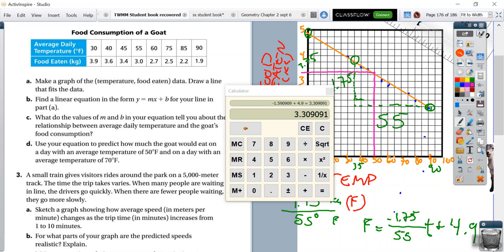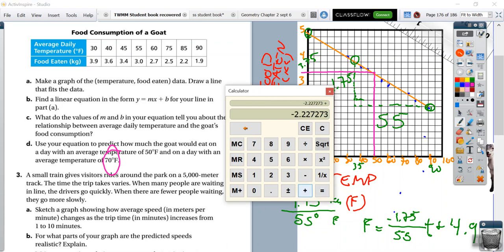All right, how about 70? Okay, well, we'll do our negative 1.75 divided by 55. Now we multiply it by 70, because it asks us to do that.